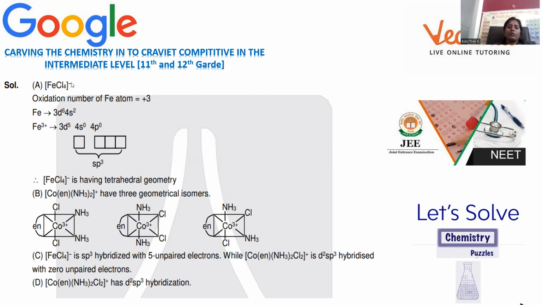Whenever FeCl4 minus is taken, first of all, we have to write the electronic configuration of metallic iron. It is a d6 system: 3d6 4s2. But in FeCl4 minus, it exists in the +3 oxidation state around the central iron.